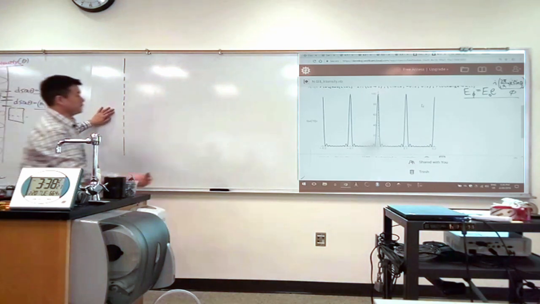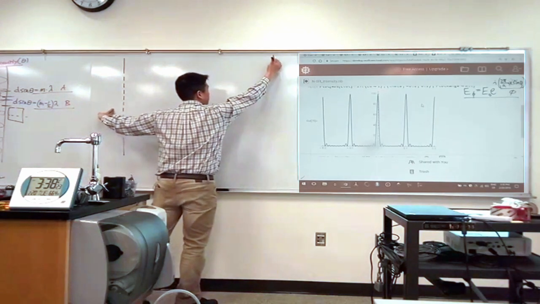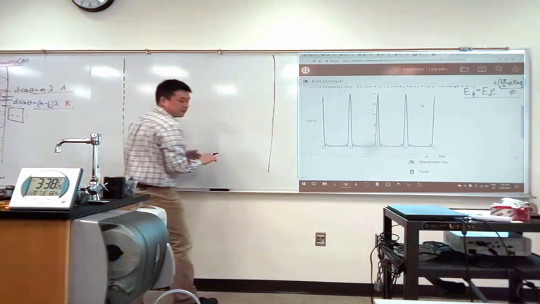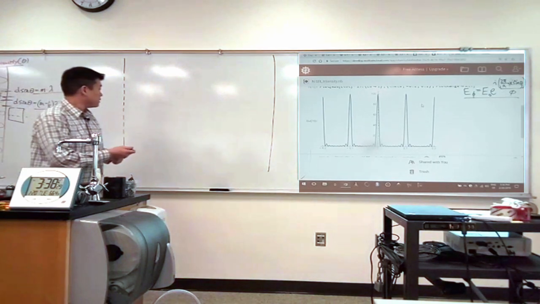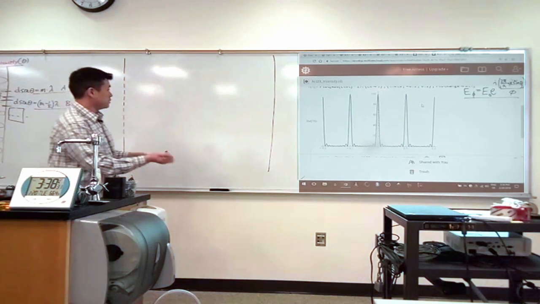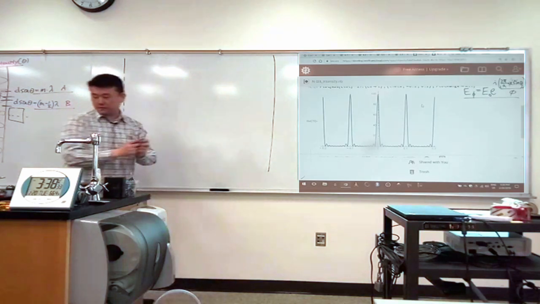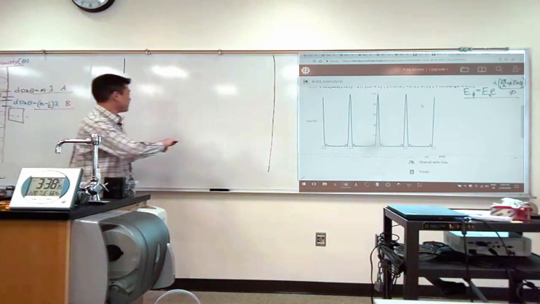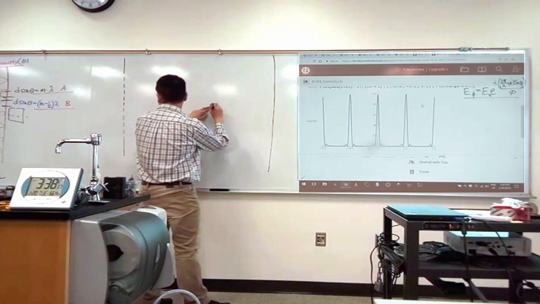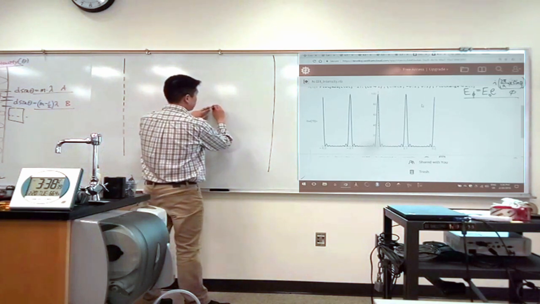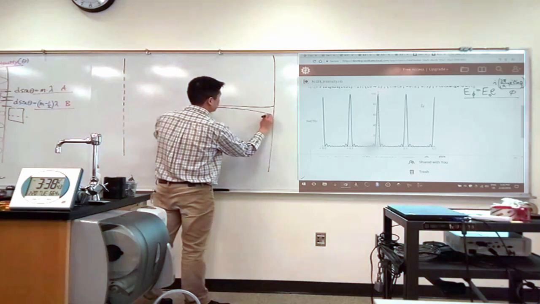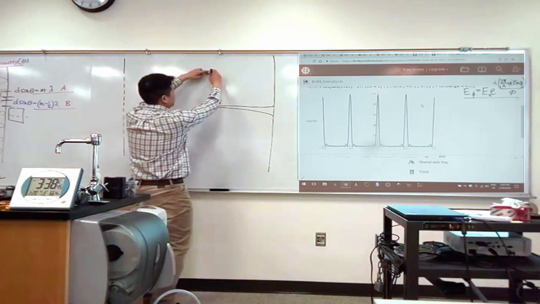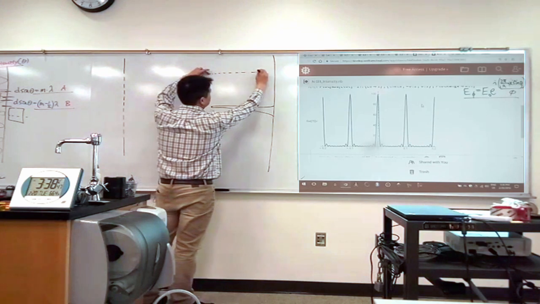So let me draw the interference pattern here. And what it'll look like is, I'll have some central maximum here. And let me just mark out the position for the next maximum.